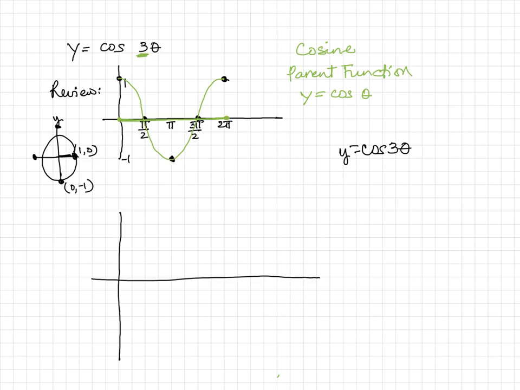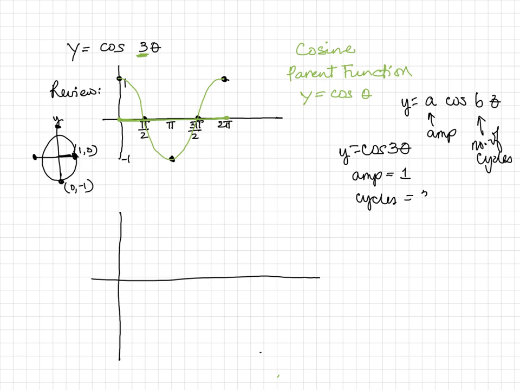Quick review again: y equals a cosine b theta. A is the amplitude, b is the number of cycles. So for our case here, our amplitude is 1, and our number of cycles is 3.